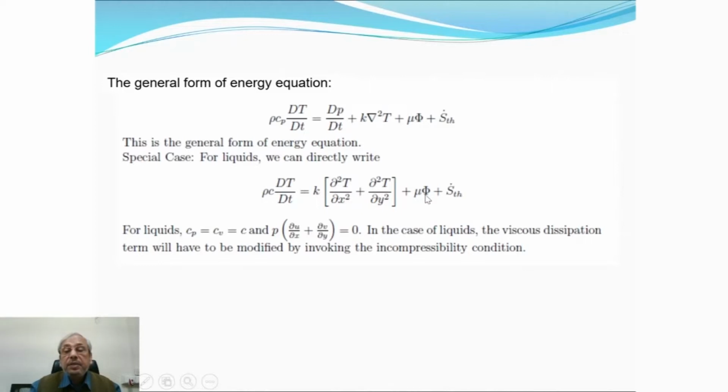But this viscous dissipation, when applicable for incompressible flows, will differ from the viscous dissipation term in the general energy equation, because we will invoke the continuity equation here, that is del u del x plus del v del y for 2 dimensions equal to 0, and in 3 dimensions del u del x plus del v del y plus del w del z equal to 0. That will be invoked in the expression for viscous dissipation.